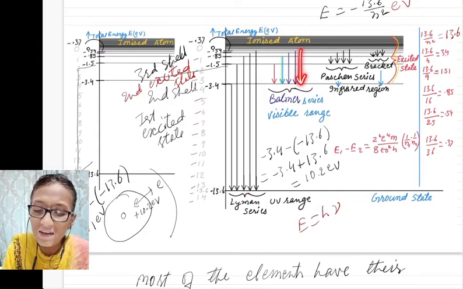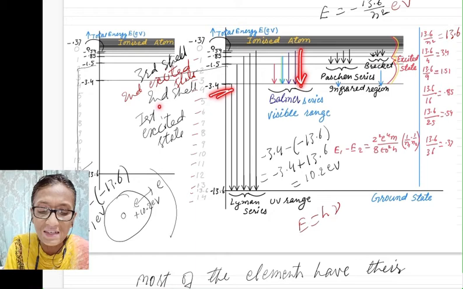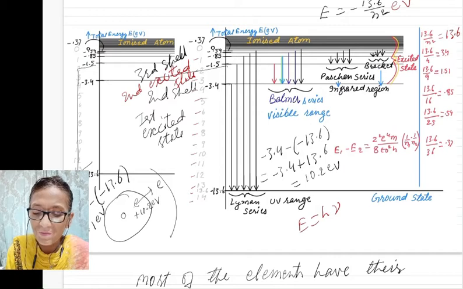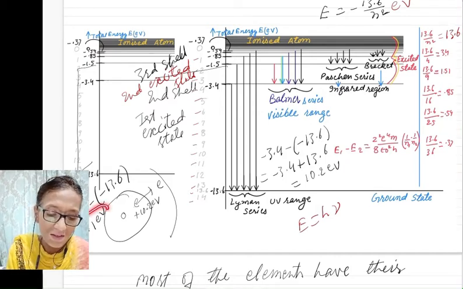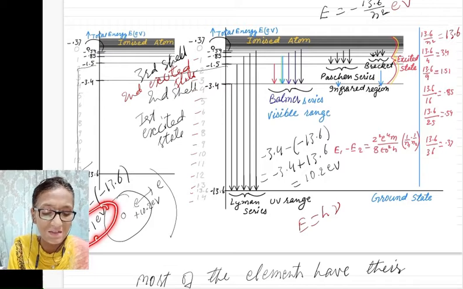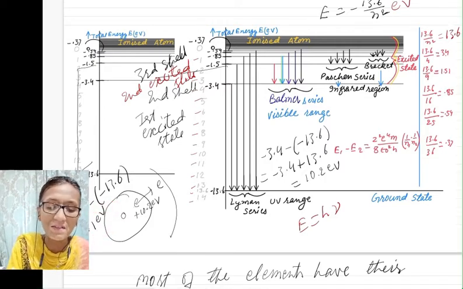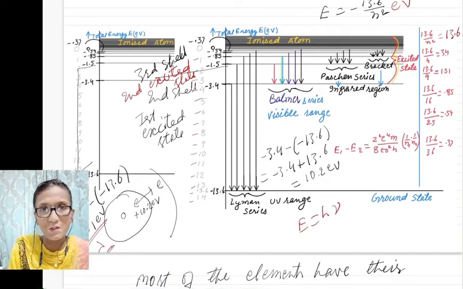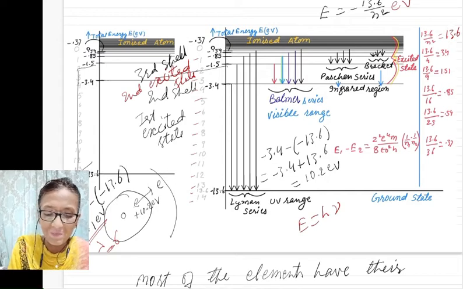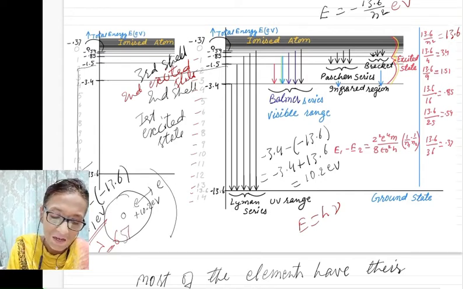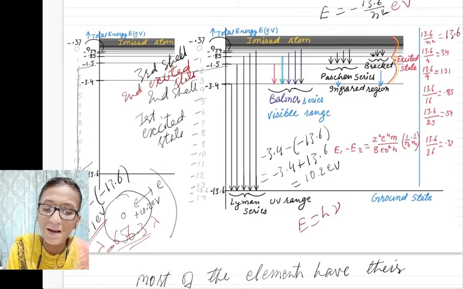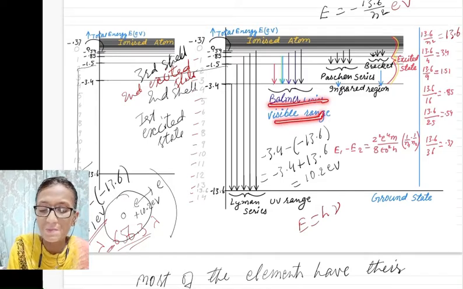But when it falls on the first excited state or second cell, then the energy given will be in this range, and if you find the wavelength, it will be in the visible range, like 656.3. This will be the wavelength of this visible range, and this is called Balmer series.